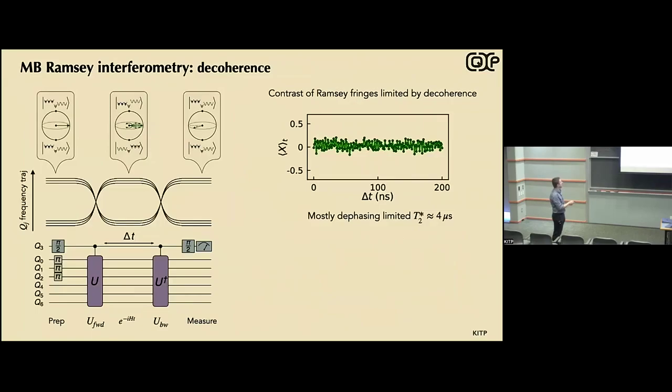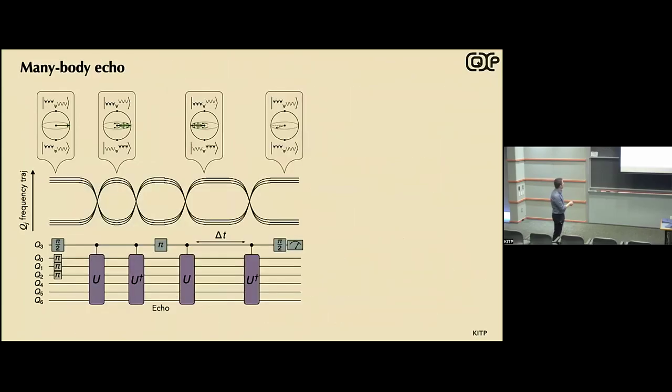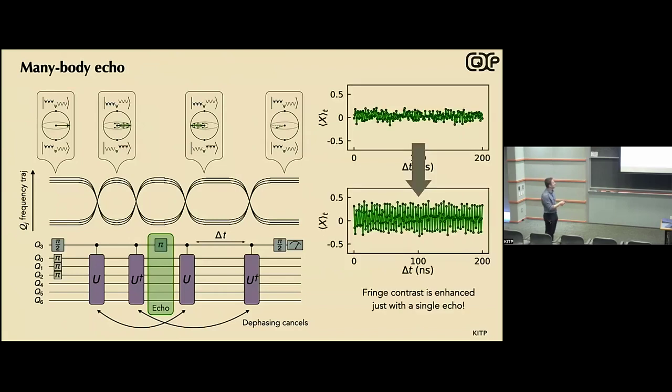Turns out that in order to get better contrast in our fringes, we're limited by dephasing time, but since our T1s are much longer, we developed an echo protocol where we can echo away the noise in these adiabatic ramps, because that's where we spend most of our time evolving our many-body system. We don't spend so much time idling in the NOON state. And by just applying a single echo pulse, we can cancel out the dephasing noise and increase our Ramsey fringe contrast.